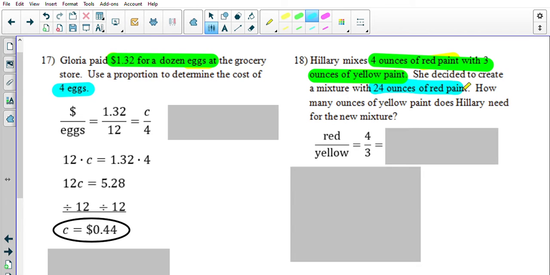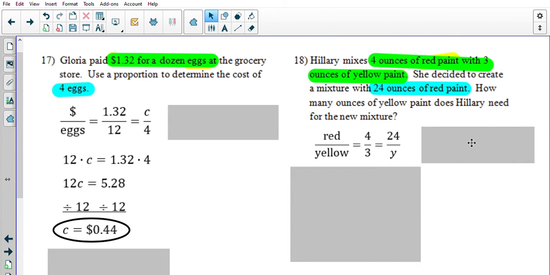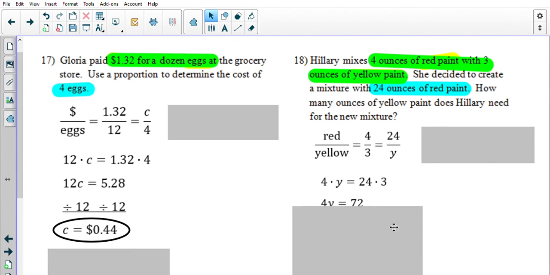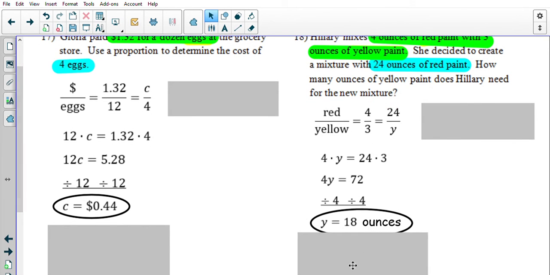So red is on the top here. So we want to have 24 over our variable. I chose Y for yellow paint. So this is one where our variable is actually in the bottom. Let's cross multiply. We have 4 times y set equal to 24 times 3, which is 72. Divide both sides by 4, and we will need 18 ounces of yellow paint.